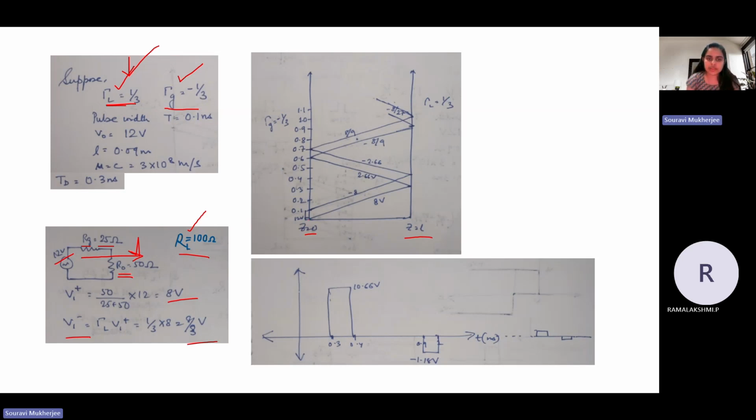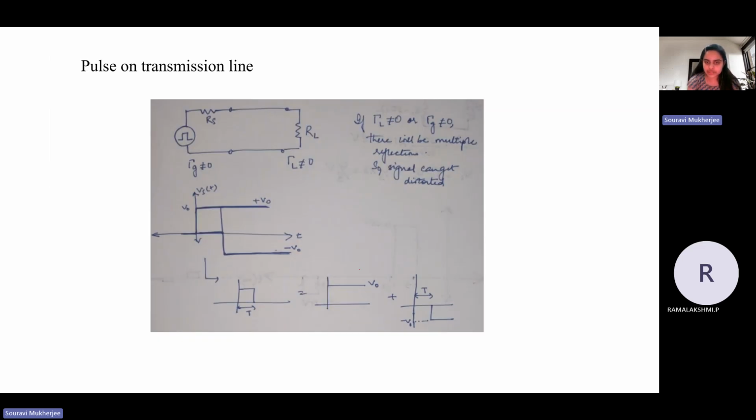This 12-volt pulse that you have, remember, you can write it as a combination of a plus 12-volt signal at t equal to 0 plus a minus 12-volt signal after a time t, where t is your pulse width, right? So that's what we'll do here.